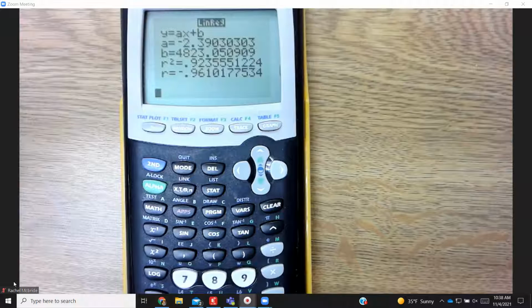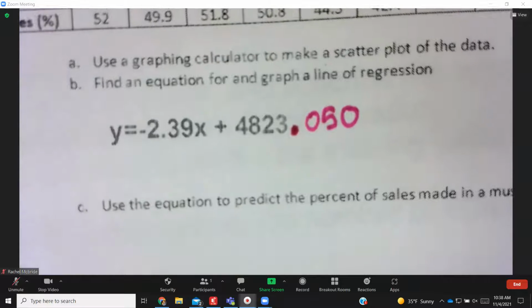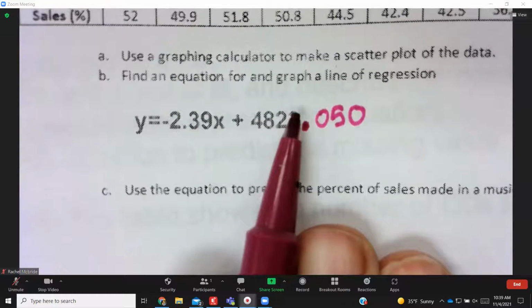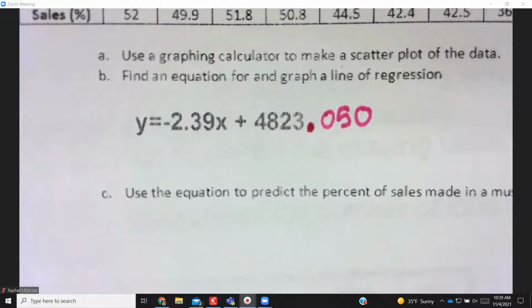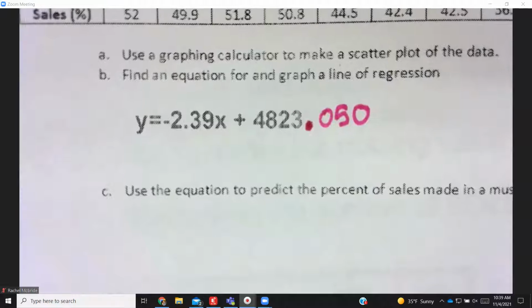And you can either just write 0 or you can round it to 1. So it says find an equation of linear regression, and then it also says to graph it. So I'm going to show you how to graph this on your graphing calculators.